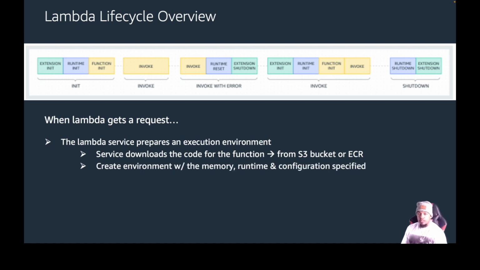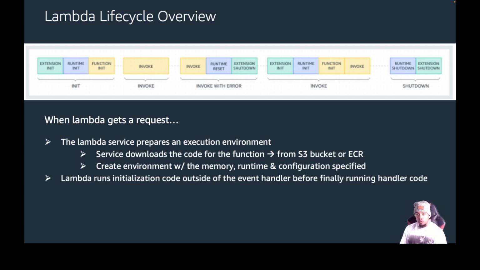Next, it creates the execution environment, and it also configures the memory, the runtime, and all of the function configurations that were specified. Because we don't allow customers to allocate CPU, we'll automatically assign appropriate CPU based on the memory that you select. Lambda will run the initialization code that is outside of the event handler before finally running the event handler itself. This brings us to the 3 phases of the life cycle.